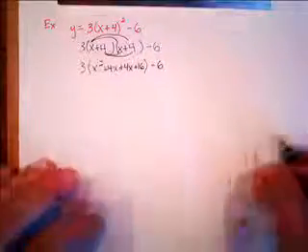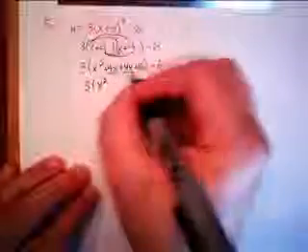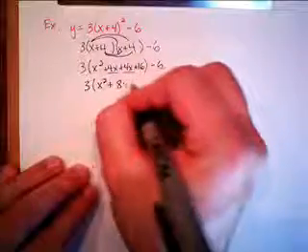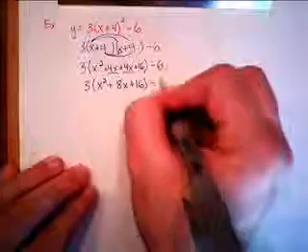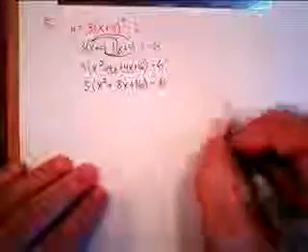So if we FOIL, x times x is x squared, x times 4 is 4x, 4 times x is 4x, 4 times 4 is 16. Simplify inside parentheses. 4x plus 4x is 8x. So now in the order of operations we have multiplication.